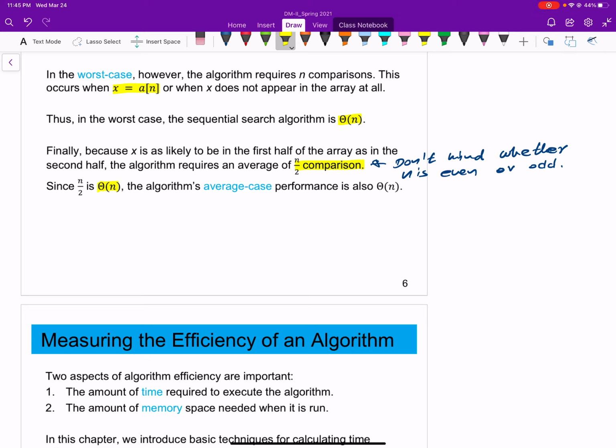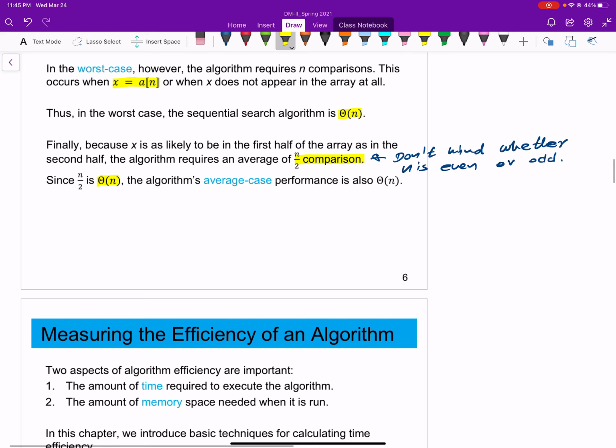n. The reason for that is, as you remember, we have learned a theorem.